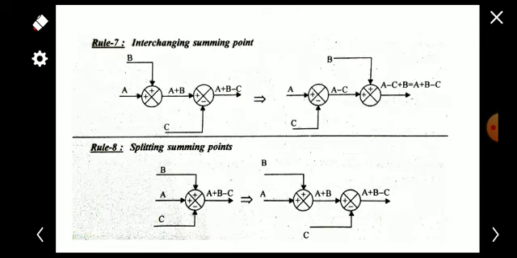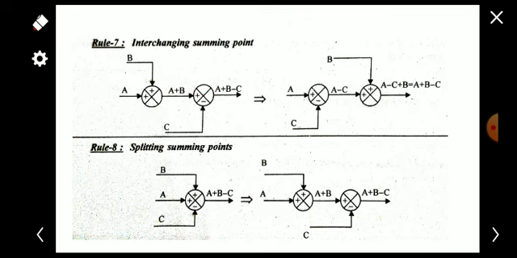Okay, and the next rule is interchanging the summing point. If two summing points are nearby together, we can simply interchange the summing points. The output will not be changed. If a block G is in between the summing points, then we can't interchange the summing points.